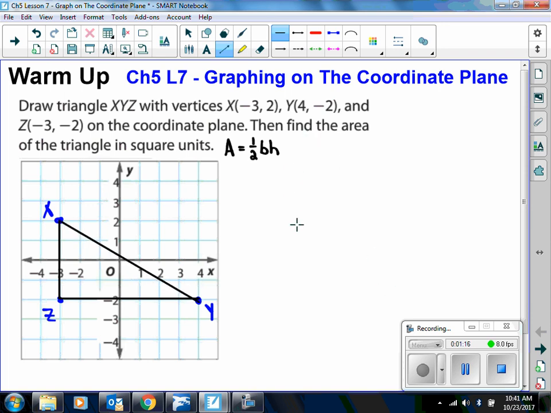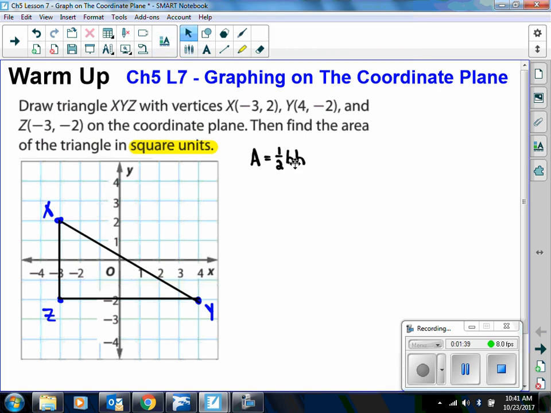So the next thing we want to do is find the area of the triangle in square units. Okay? So this, in square units, tells us what we are labeling it. Here's the formula. Area is equal to 1/2 base times height. That is our formula.